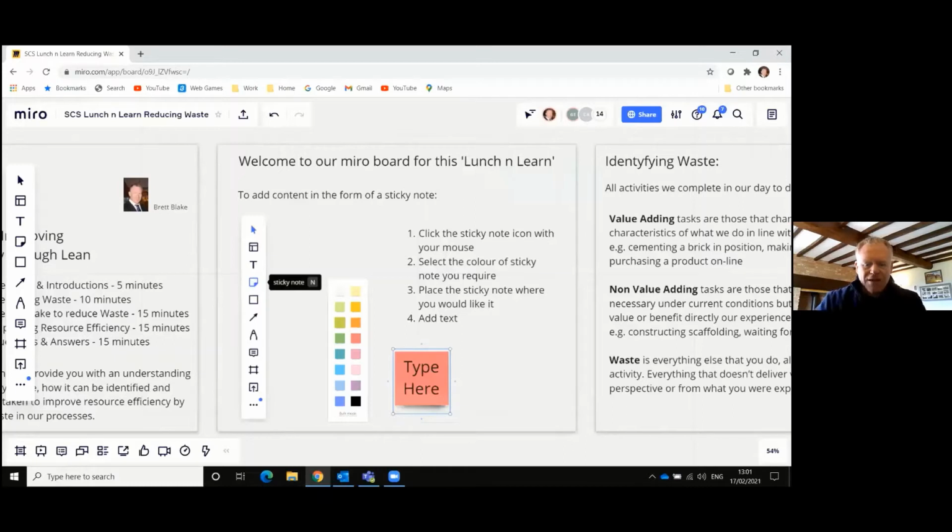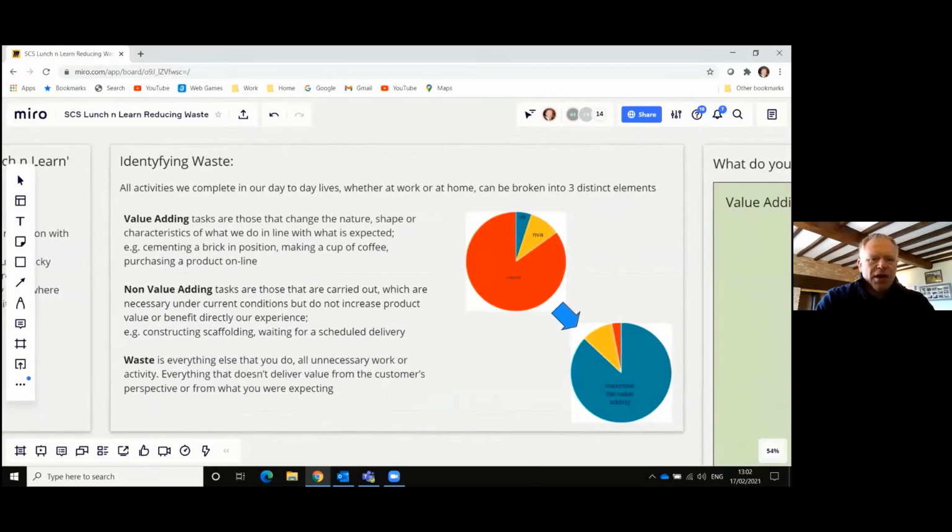Okay then. So again, thank you very much for joining us today on this Lunch and Learn, Reducing Waste. And what I'd like to do is talk about, well, what is waste? We look at waste in three defining areas. We look at them as value adding, non-value adding, or waste. So what do we mean by value adding?